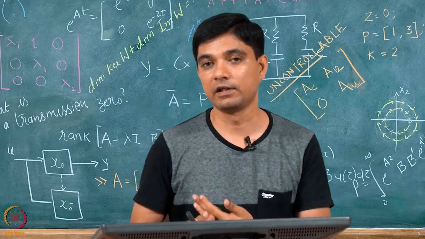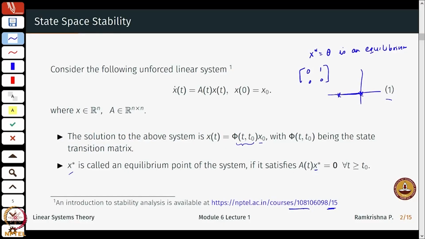This is slightly different from the nonlinear case, where we possibly will not have an equilibrium subspace but isolated equilibrium points, say an equilibrium point here, here, and so on. Maybe the phase space goes something like this.